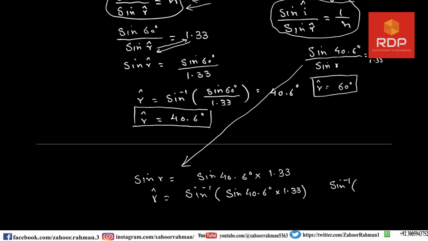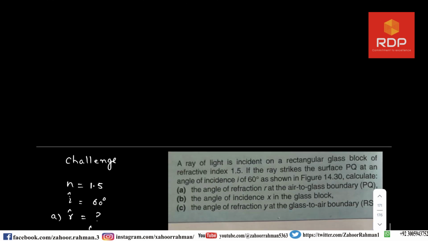Then you have to write the bracket, and after the bracket you write these things and then close the bracket, and when you press the equal symbol you will get 60 degrees. It will be 60.000 like this. So you will confirm that this will be the answer.